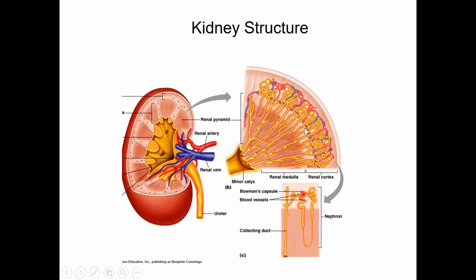If it is a juxtamedullary nephron, you see this loop of Henle extended into medulla. Yes? Okay. And then this yellow, parallel tubular structure, these are collecting ducts.